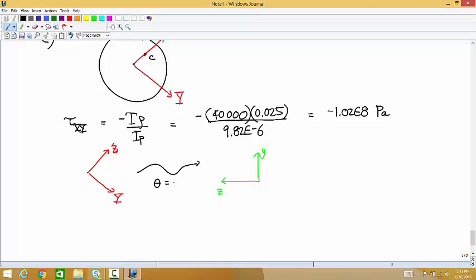So theta is equal to positive 135, and this is always going to be about the x-axis.